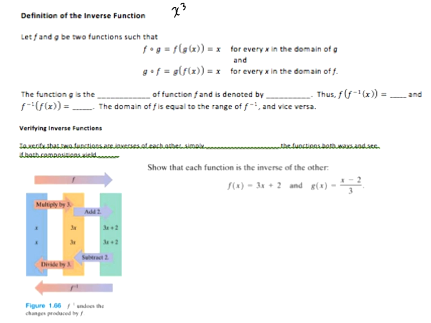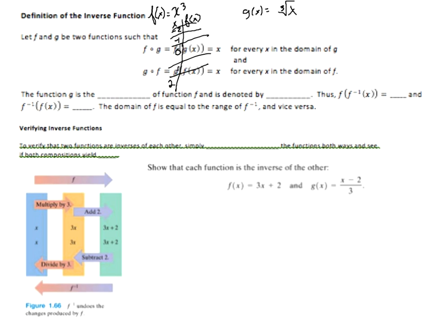If we have x cubed and the cube root of x, let's say that this is f of x and this is g of x. If I made an f of x table, let's start in the negatives: -2, -1, 0, 1, and 2. I have no idea why I'm going uphill like this today.